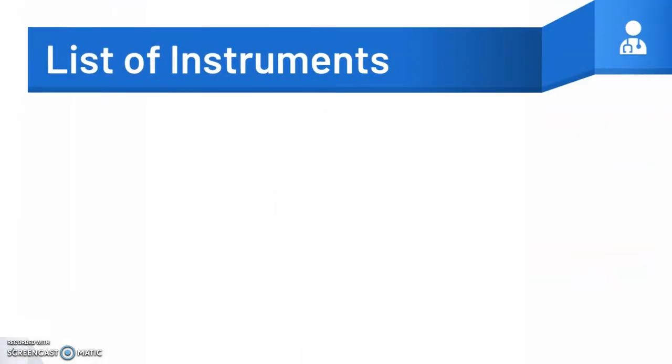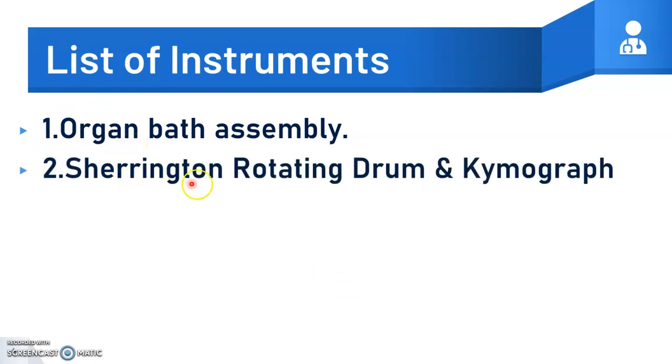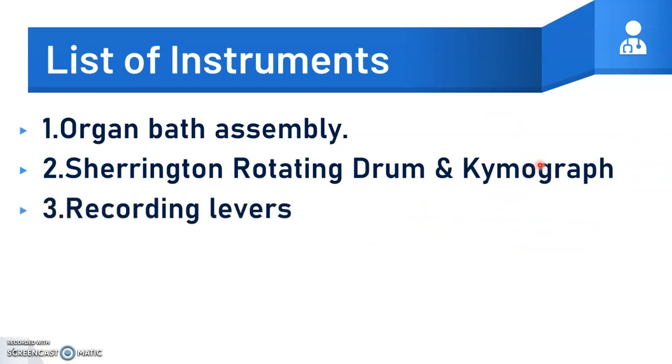Let us discuss what are the instruments or apparatus used for experimental pharmacology. Number 1, organ bath assembly, also known as student organ bath assembly. Second is Sherrington rotating drum and Camograph, also called Camograph paper, which is stuck onto the drum.